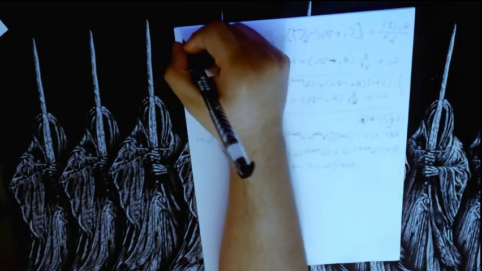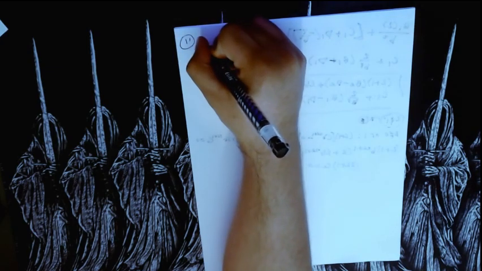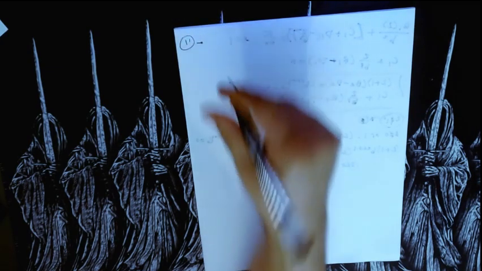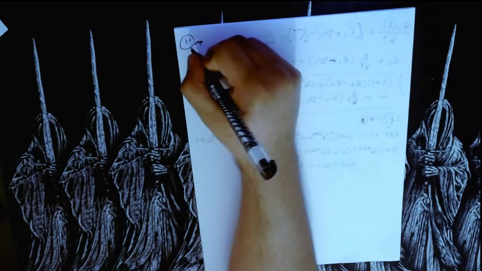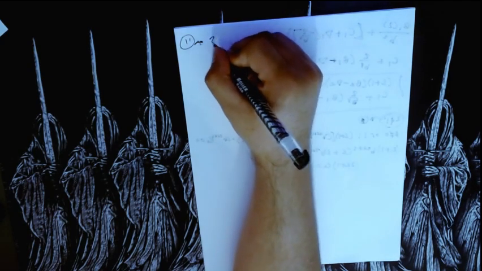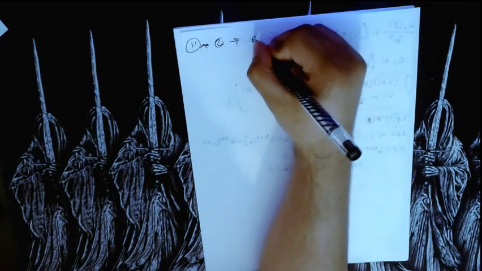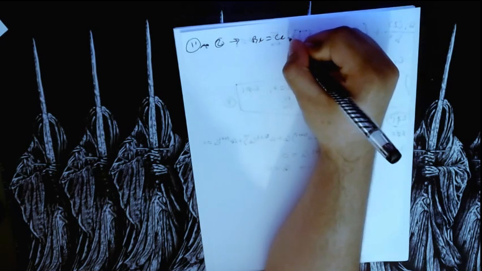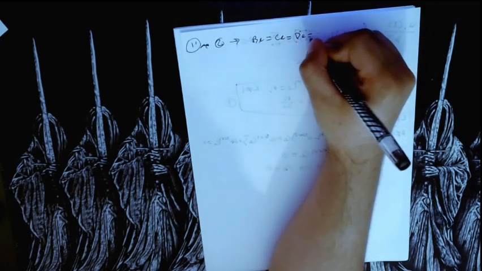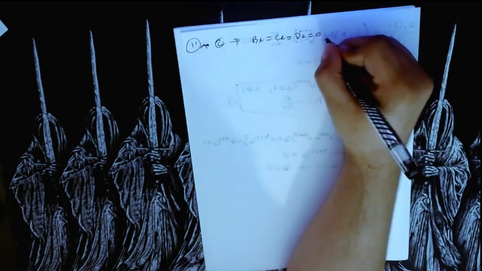So L prime and 2: because we have C L equals 0, then B L has to equal C L, which has to equal D L, which equals 0.